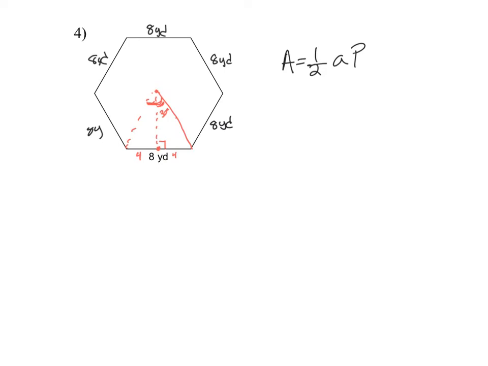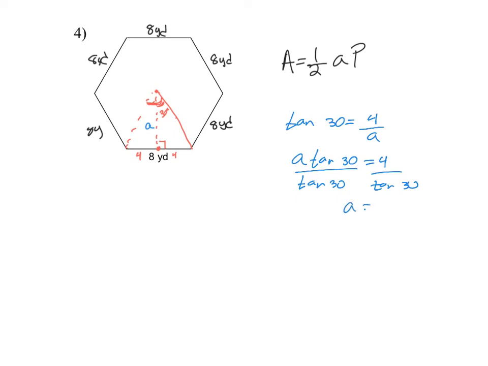So I need to find the apothem. I need to find this measure here. From angle 30, I have the opposite and I have the adjacent, so I'm going to use tangent. Tangent of 30 equals 4 over a, opposite over adjacent. So I'm going to cross multiply: a tangent of 30 equals 4, and then I'm going to divide by tangent of 30.